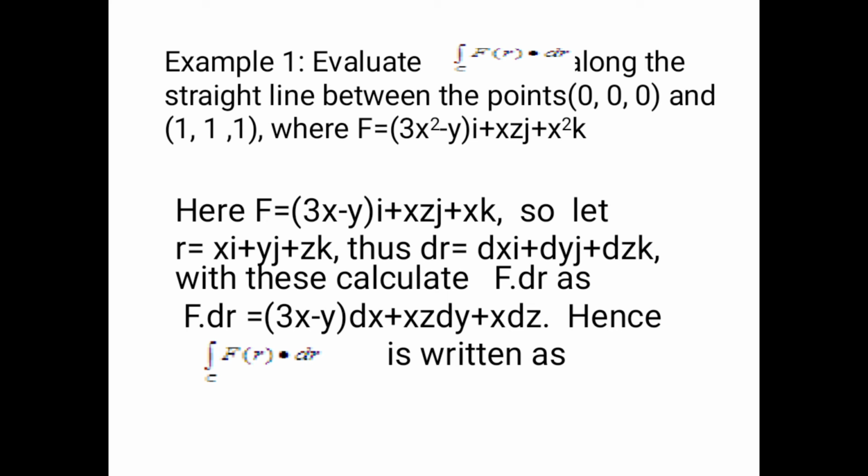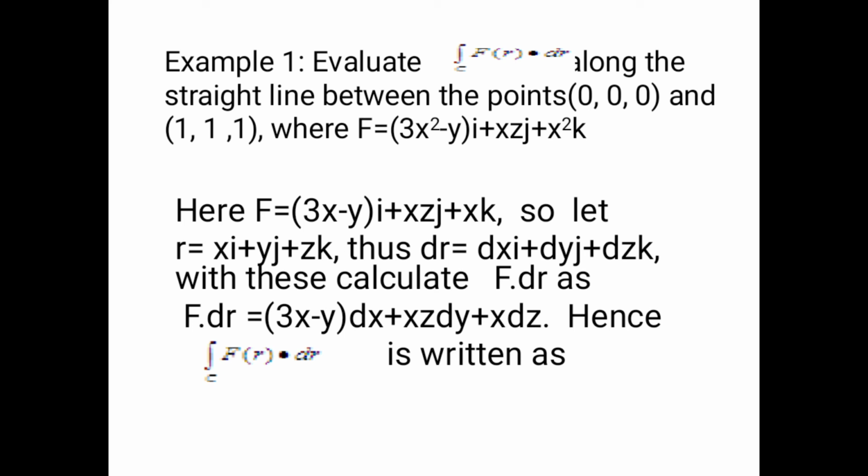You must note that here a small mistake has occurred in writing F. I have skipped one term, that is 3x square minus y, and here x square I need to write at the end.